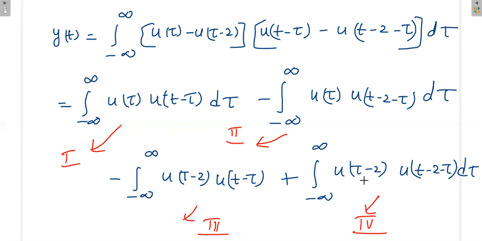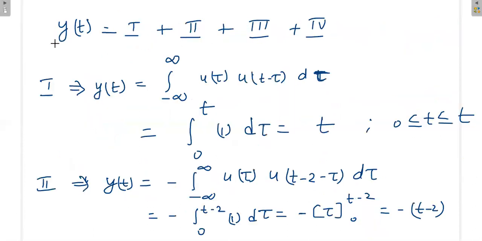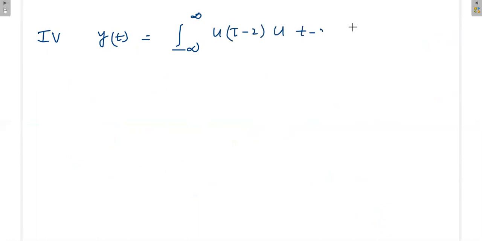Plus the integral of u of tau minus 2, u of t minus 2 minus tau, d tau. Fourth integral: y of t is equal to the integral from minus infinity to plus infinity of u of tau minus 2, u of t minus 2 minus tau, d tau.